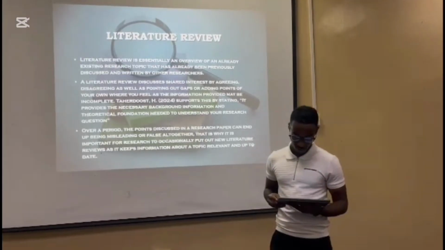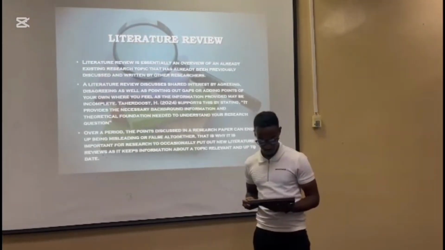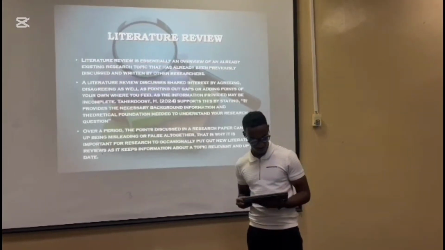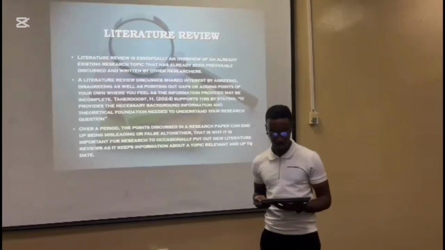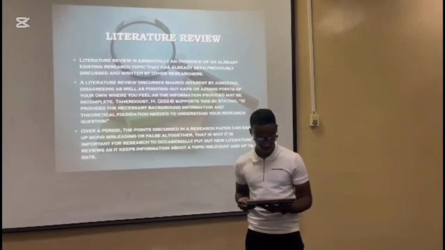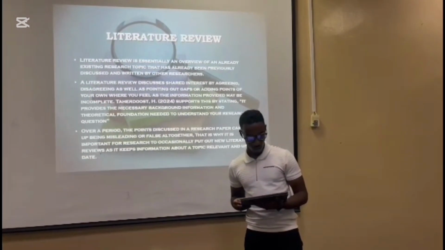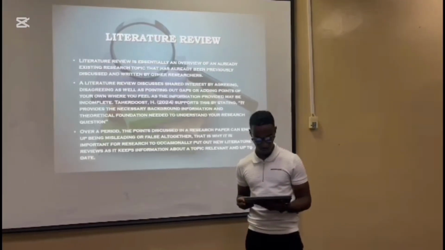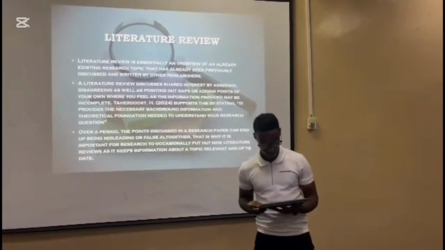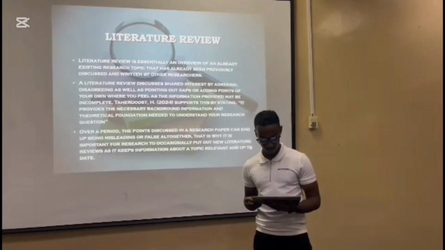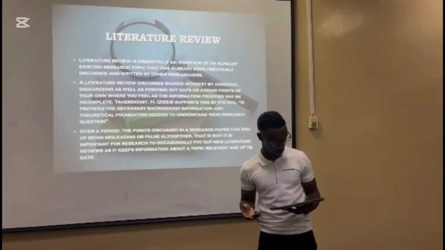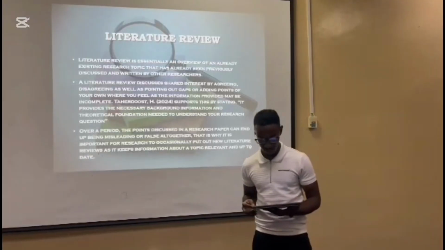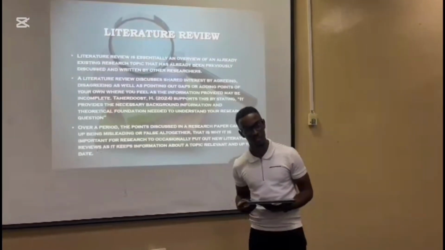Traduced 2024 supports this by stating it provides the necessary background information and theoretical foundation needed to understand your research question. Over a period, the points discussed in a research paper can end up being misleading or false altogether. That is why it is important for researchers to occasionally put out new literature reviews, as it keeps information about a topic relevant and up to date.